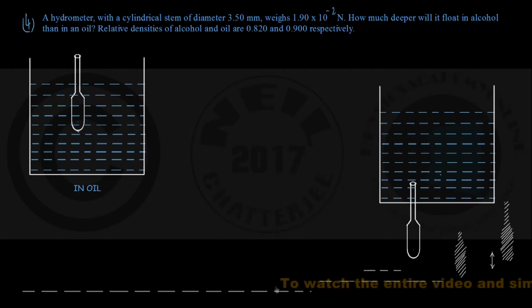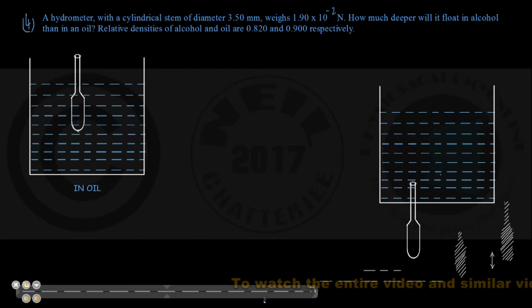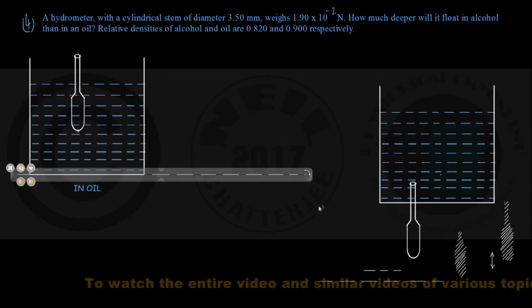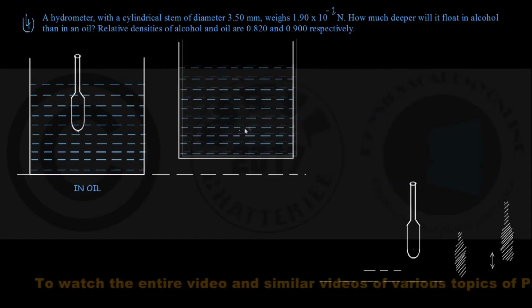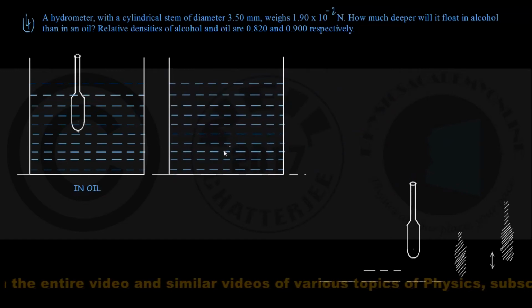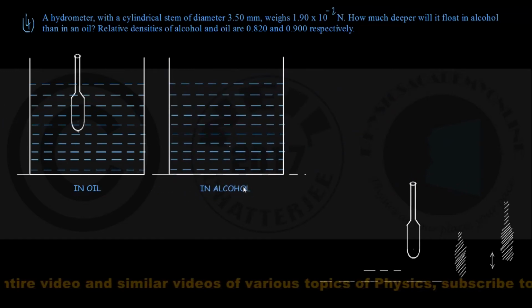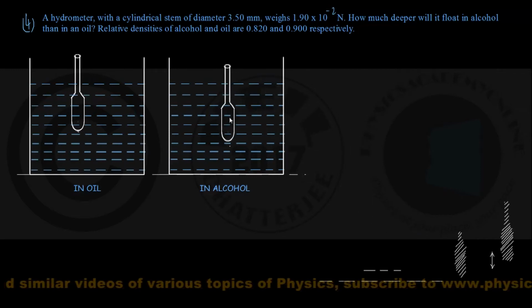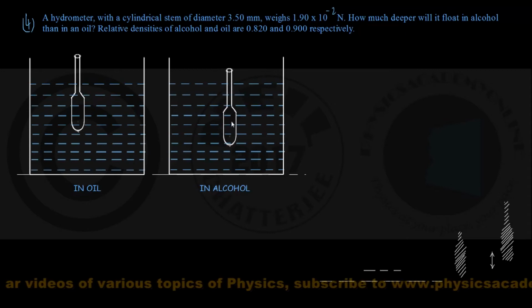Now another situation, that is the position of this hydrometer in an alcohol. I just put two figures side by side, so I draw a horizontal line for proper comparison, and this container contains some alcohol of less density. So the same hydrometer now floats with a greater part of its volume immersed under the free surface.